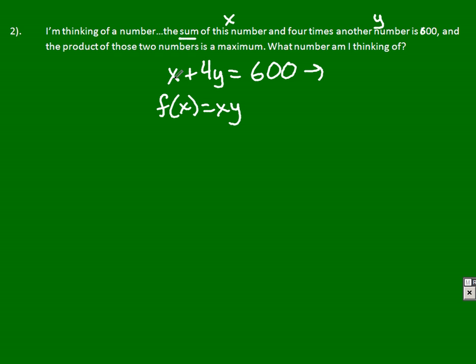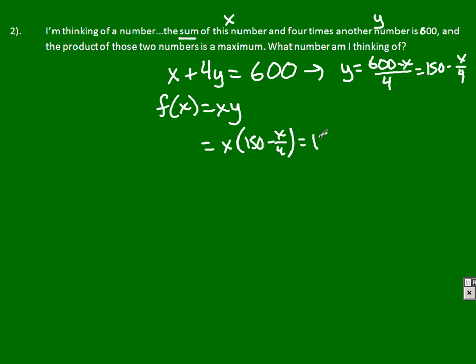I can either isolate x or y, it doesn't matter. x would be easier, but just because we've been doing it, we'll get y by itself. So y is going to equal 600 minus x all over 4, which is the same as 150 minus x over 4. So I do the same thing here, plug that in for y. 150 minus x over 4.